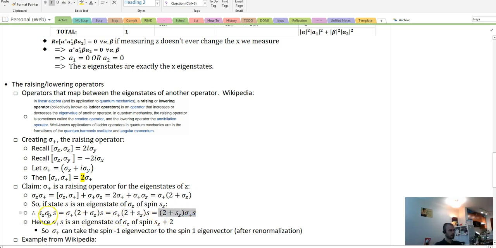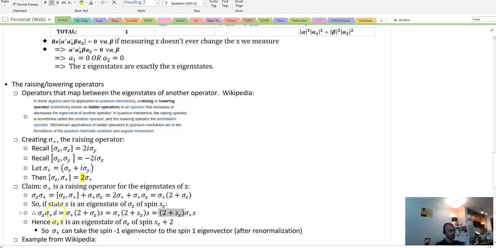So ultimately, sigma z applied to this gave us this number times the same thing back, which means that sigma plus S is also an eigenstate of sigma z. And the eigenvalue is the number you got multiplied out front, which is 2 plus sz. So it's the next eigenstate, the eigenstate with an eigenvalue 2 bigger.